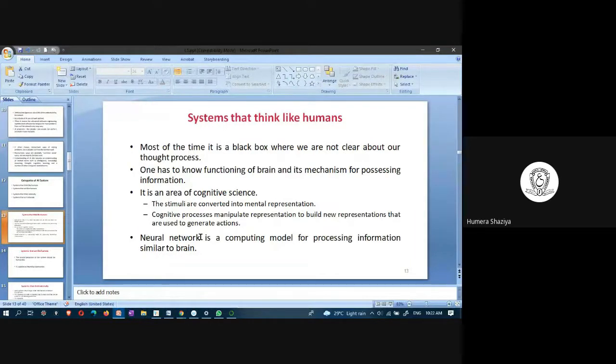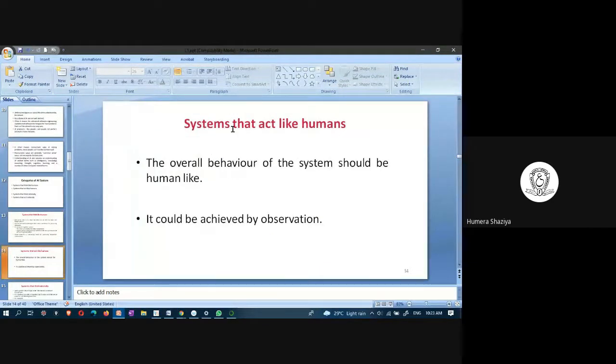And then neural networks are an example of systems that think like humans, that act like humans. As I told you, you can take the example of a robot that can take its decision based on its observation.